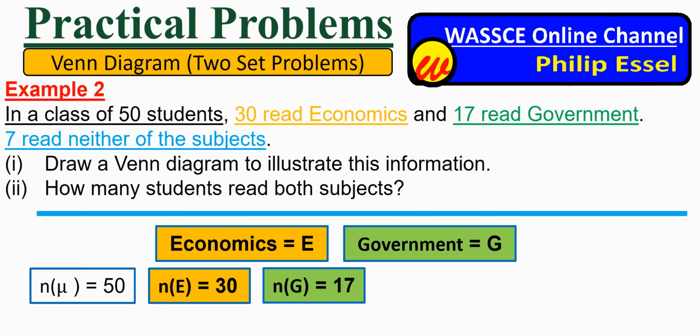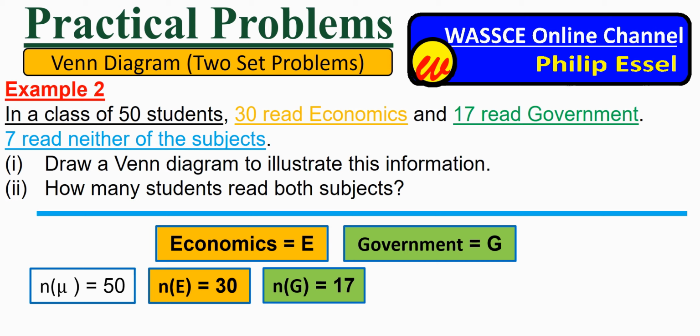From the question, 7 read neither of the subjects. What this means is that there were 7 students in the class who did not read either economics or government. In fact, they didn't read any of these 2 subjects. So we would have to write that one down.